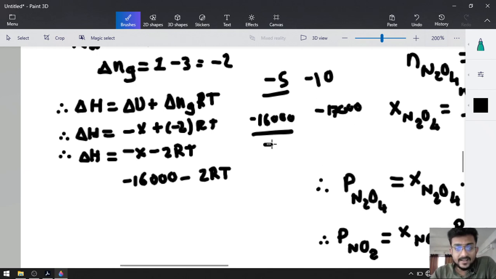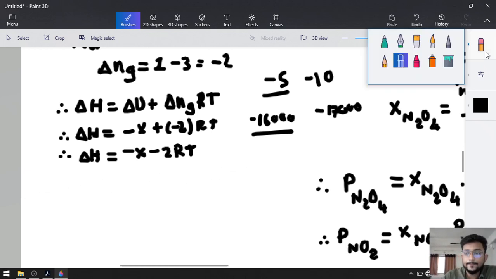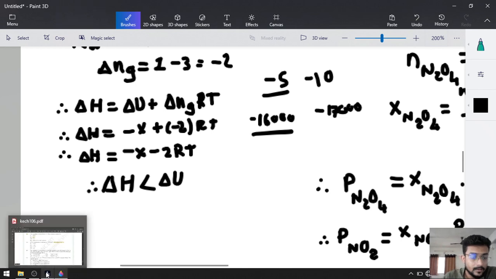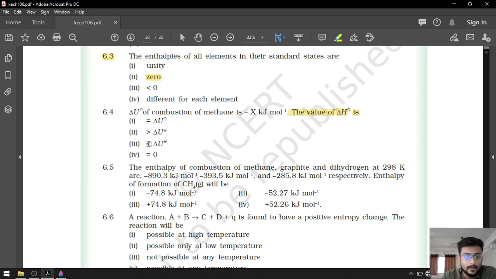The minus x value is bigger. It was hypothetical, that's why I am going to rub it, just to explain to you guys. From this equation you can say that delta H is a smaller value compared to delta U. Okay, look at this, it is smaller than delta U.